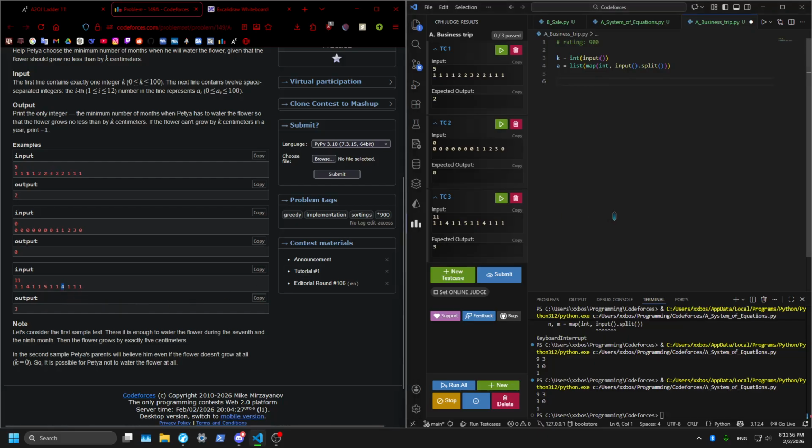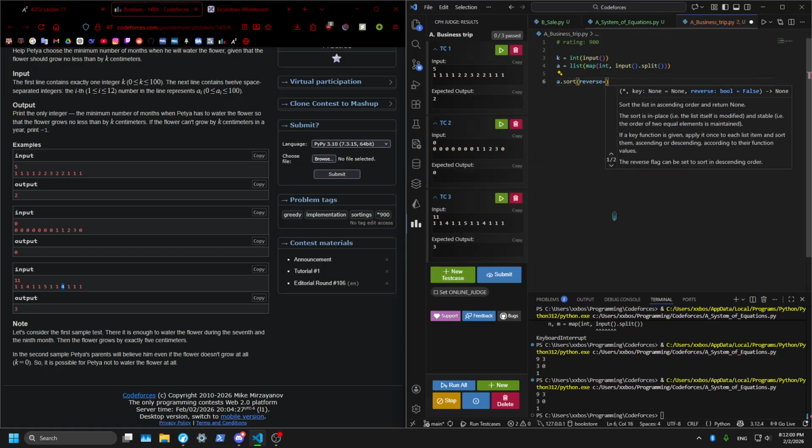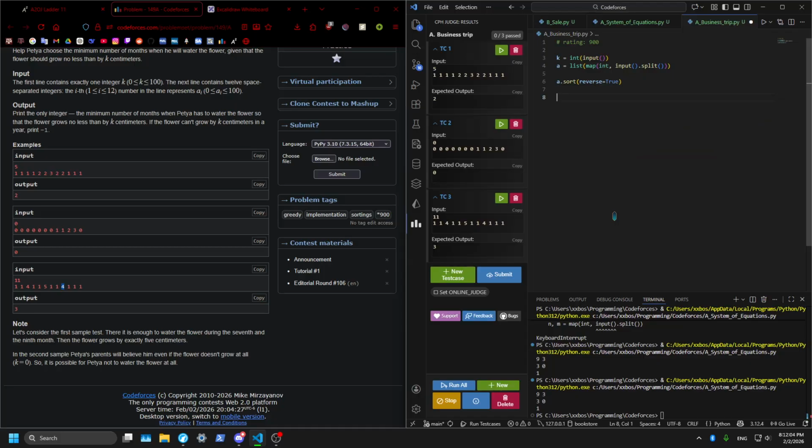Okay, this question is very simple actually. You can just a.sort, reversed true, and then months equals 0, for height in a, k minus equals height.